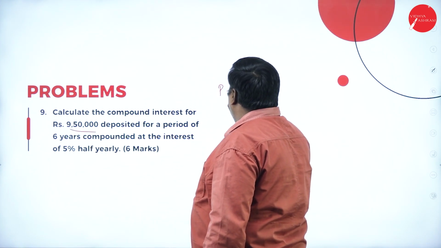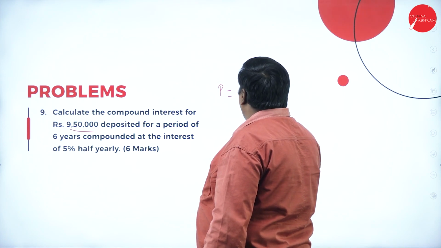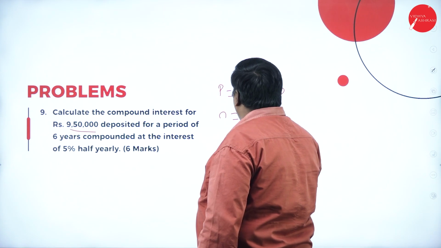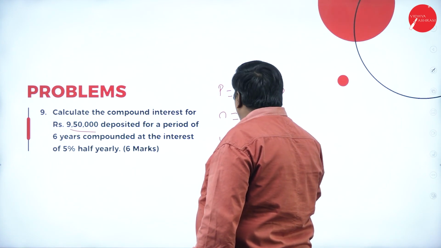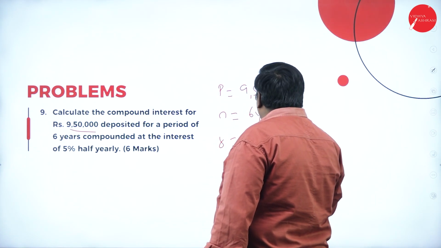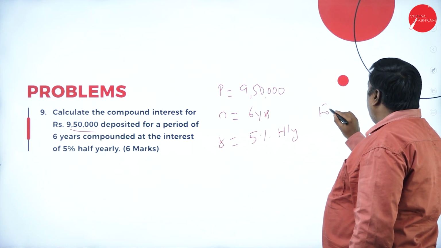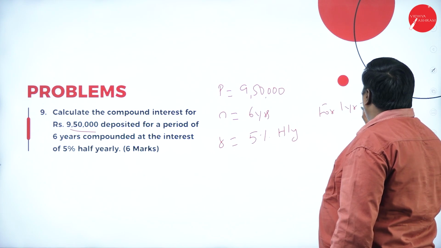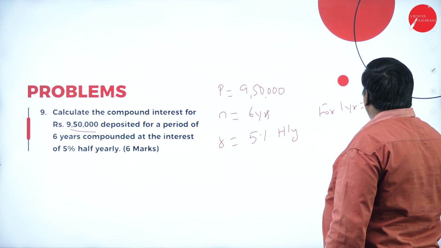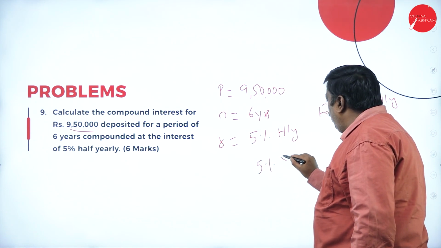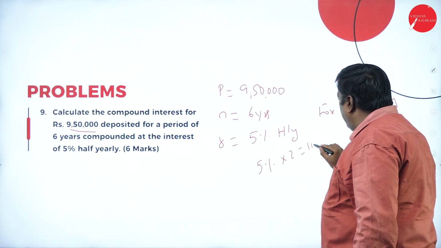The principal is 9,50,000 and N is 6 years. For R they have given 5% half yearly. For 1 year, there will be 2 half years, that is two 6 months. So 5% into 2, it will be 10%.